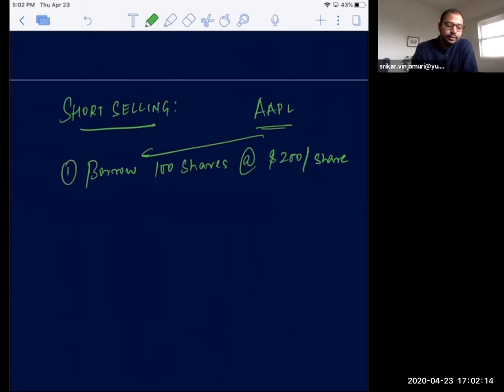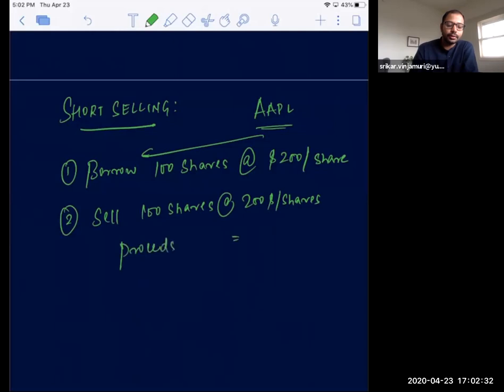Okay? The second thing that you would do is sell 100 shares of Apple at the current market price. And this would net you, so the proceeds from the short sale, as we call this, are 100 shares times $200 per share.